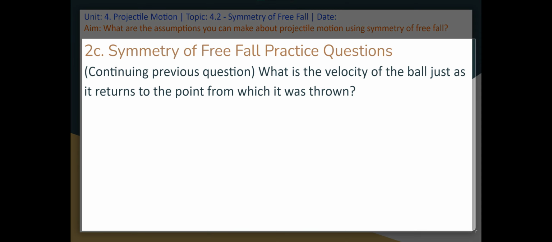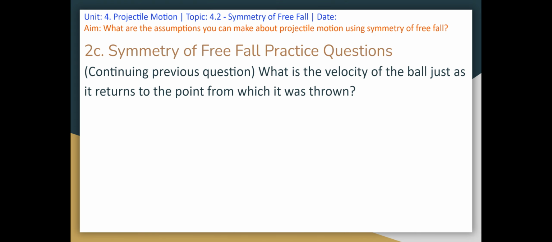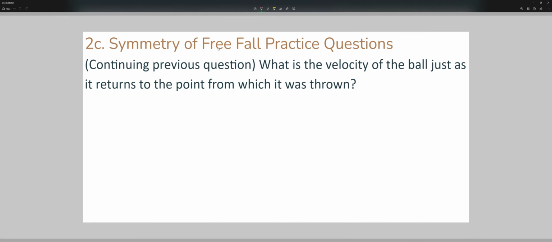So what's the velocity of the ball as it returns to the point from which it was thrown? You're continuing the previous question. The previous question said that the initial velocity in the y direction was positive 49 meters per second. And the question is asking, once it goes back to where it started, the same height, what's my velocity?